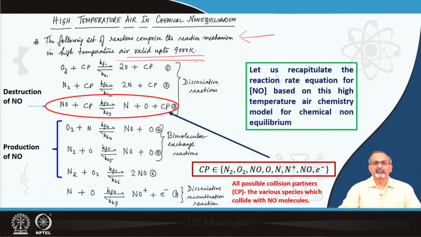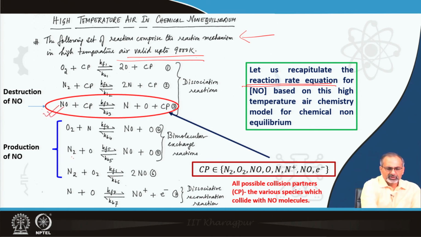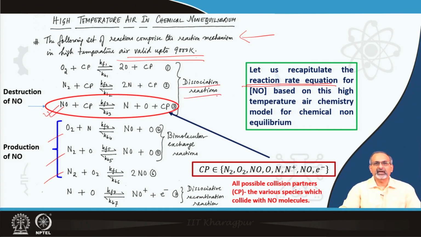We exclude ionization reactions which will come up above that temperature, and here since we are trying to look at the reaction rate equation for NO, it is going to be relevant for us to look at only those chemical reactions which are involving either the dissociation or destruction or production of NO. So, we find that out of the 3 different dissociation reactions that we have over here, the circled one is the one which is relevant for us.